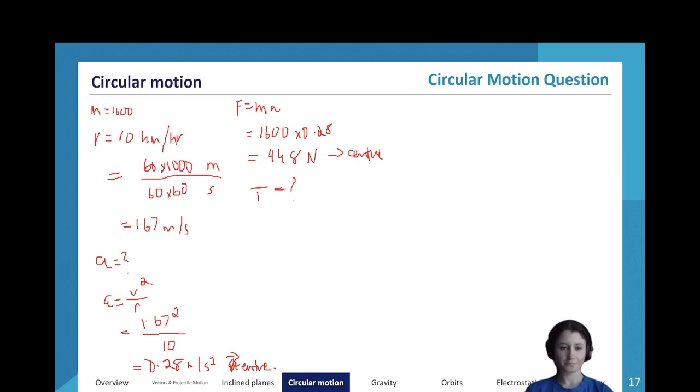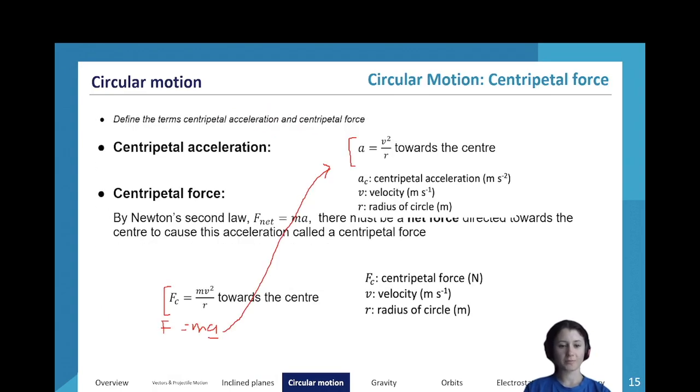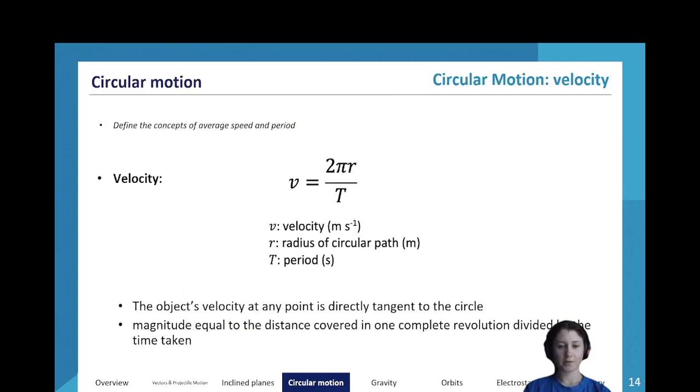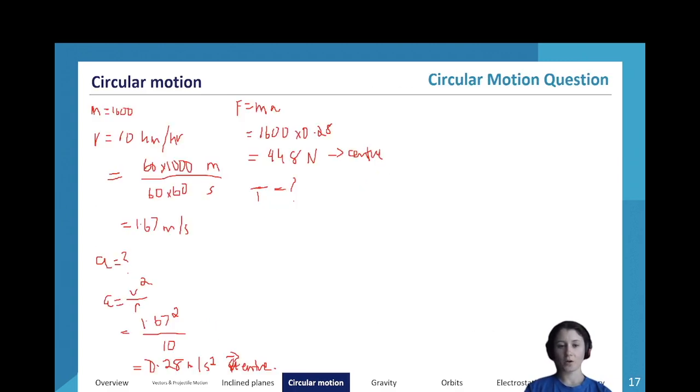So, to find our period, we need to have a look back at some of our equations. Namely, our velocity equation, because this is the only one that has the period in it. So the velocity is equal to 2 pi r on t. So, our velocity is equal to 1.67.